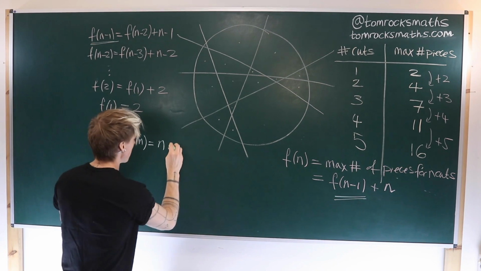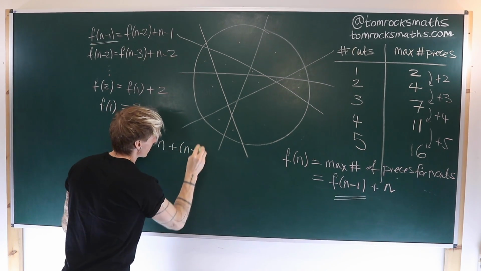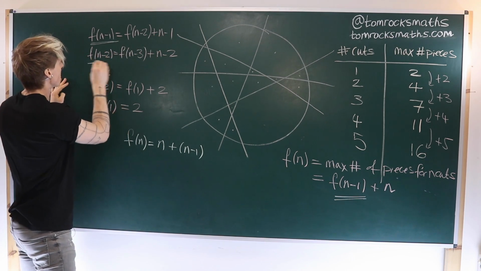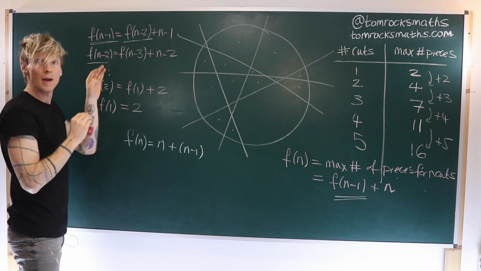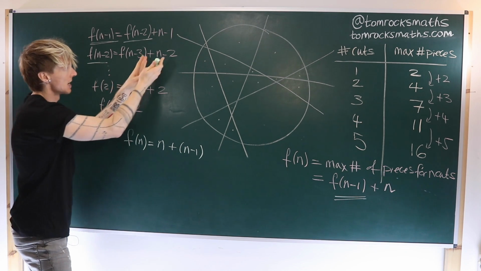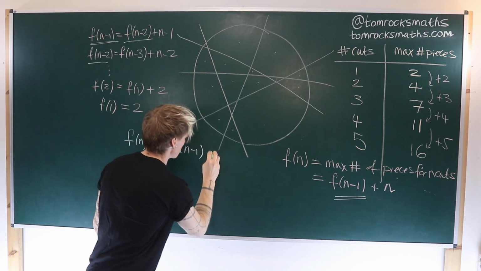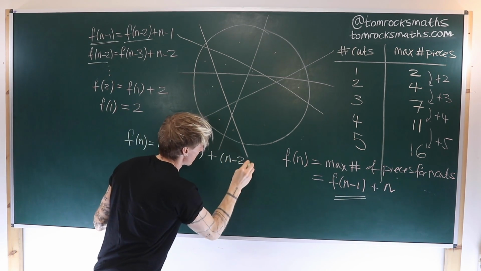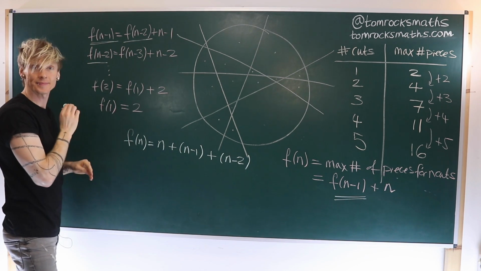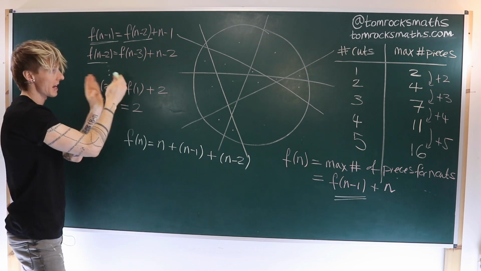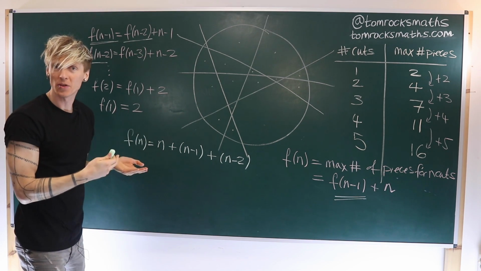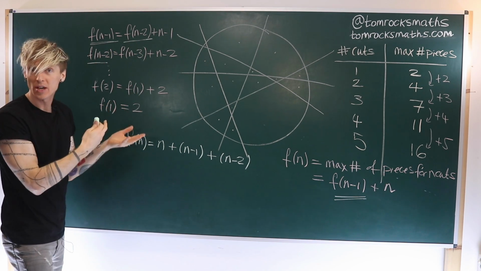So let's keep the n minus 1 term, and then let's substitute again for f of n minus 2. But again, we know that f of n minus 2 is n minus 2 plus f of n minus 3, so we'll keep that one. But f of n minus 3 is n minus 3 plus f of n minus 4, and so on and so on.